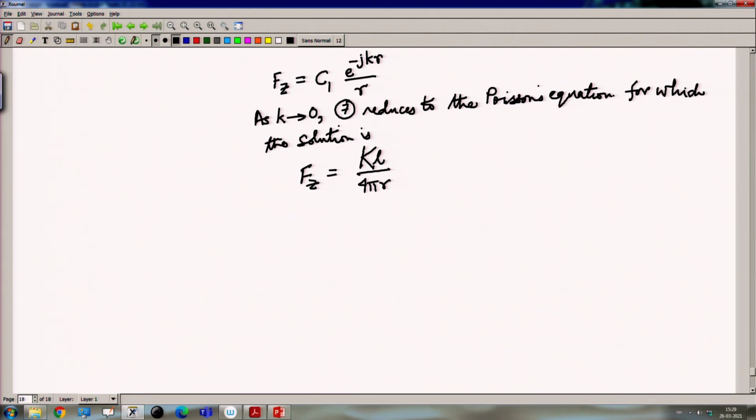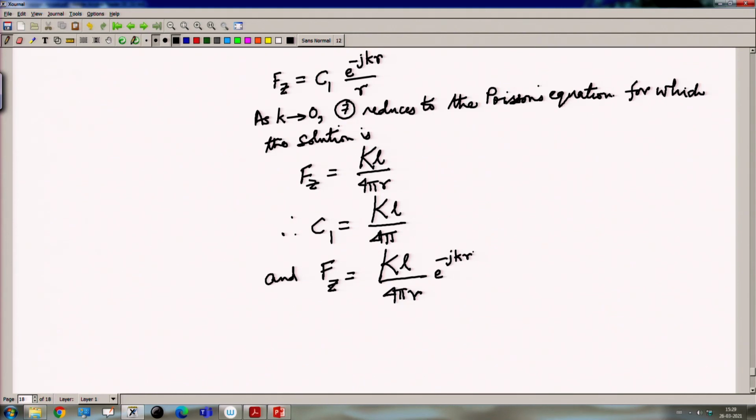This K is a capital K. Therefore, our constant C 1 must be equal to K L by 4 pi, and therefore, f z will be equal to K L by 4 pi r times e to the power minus j k r. This is equation number 14.